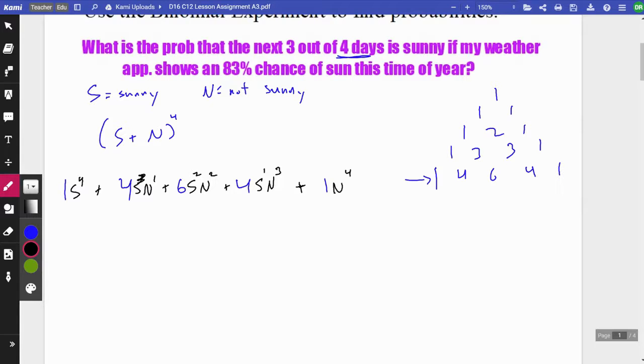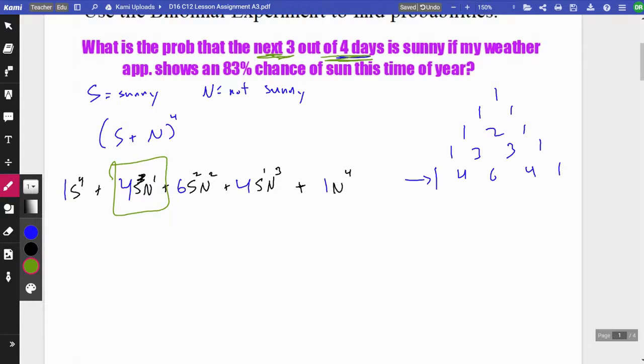So that would mean we need to know which of these terms is going to give us 3 sunny days out of 4. And we could look at this and be like, well, that would be S to the 3rd, N to the 1st then, right? Like 3 sunnies out of 4 total. Okay, so that's this term.